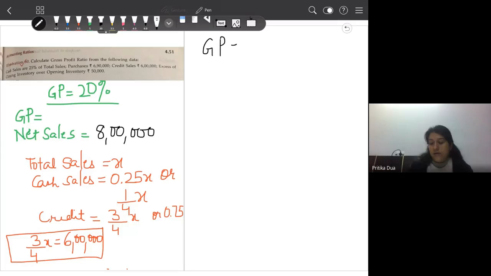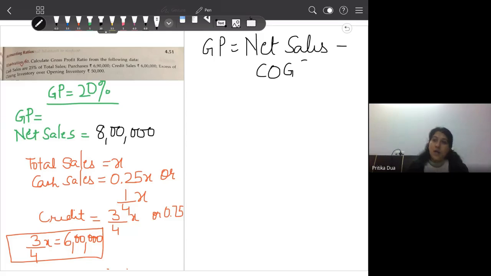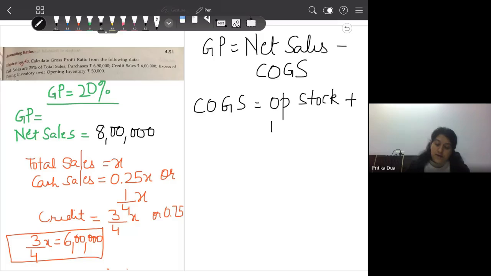Okay, so gross profit is net sales minus the cost of goods sold. We already have the net sales with us. What we need is the cost of goods sold, which is opening stock plus purchases plus direct expenses, if any given in the question, minus the closing stock.